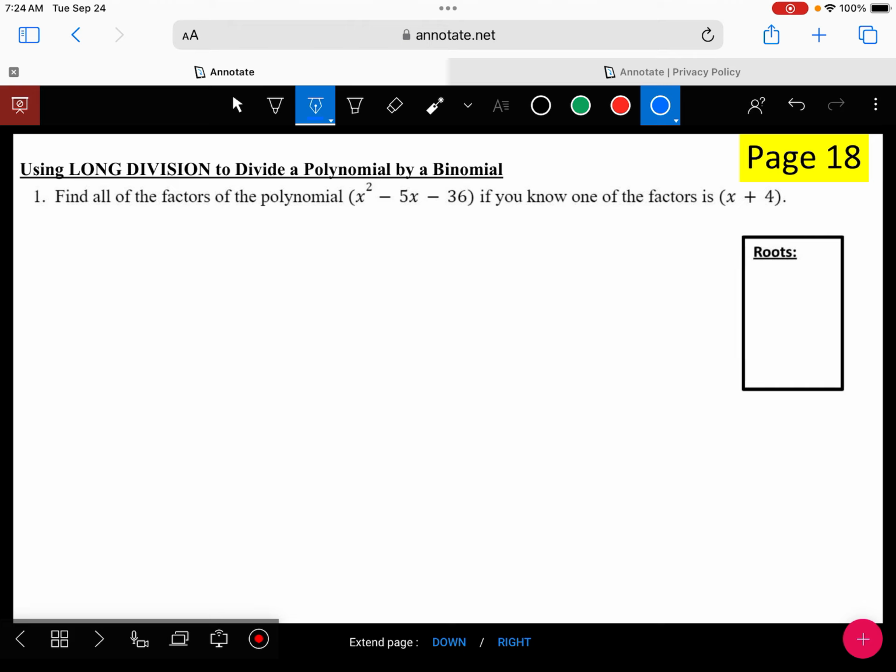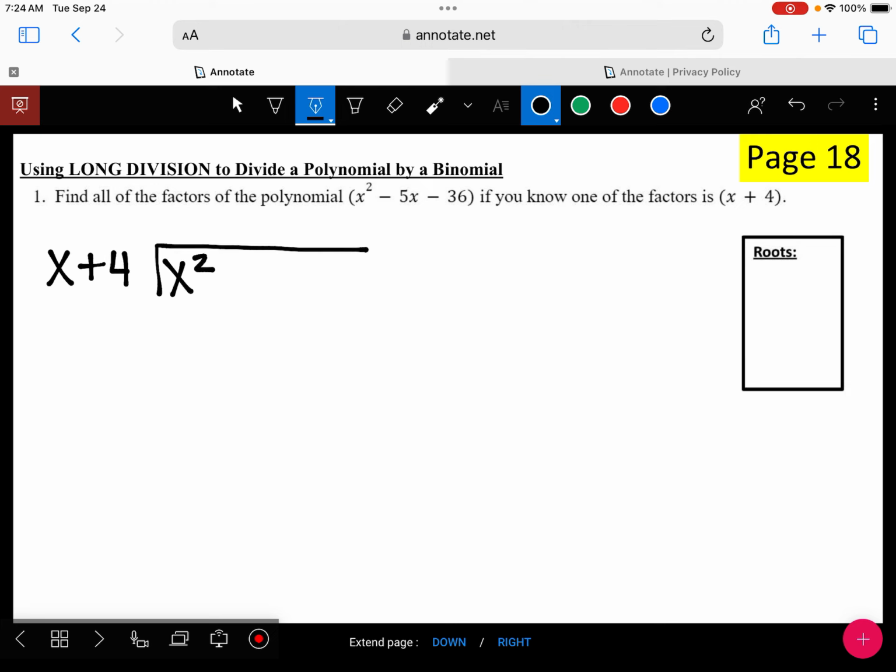Go to page 18, and we're going to set this up. So the first thing I'm going to do is this x plus 4 goes on the outside.